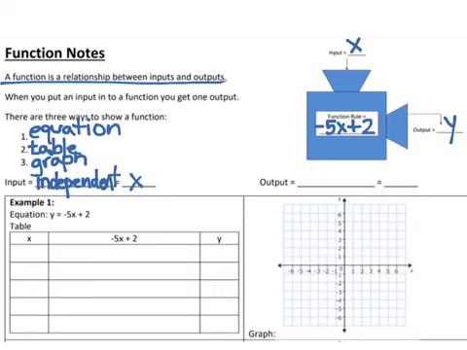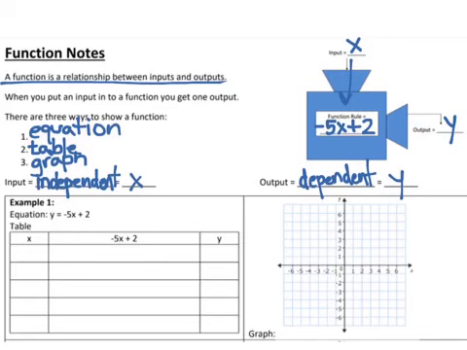And the y, the output, is the dependent variable. And that's the y value. So that may seem like a lot right now, but basically we're taking an x value in, putting it through a machine, and then getting out a y value.